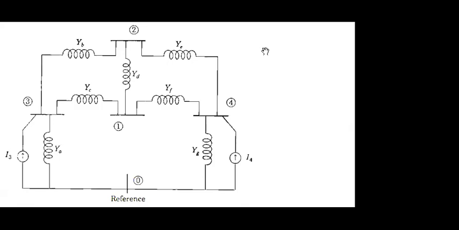Try to rearrange the equations in terms of voltage. After writing the nodal equations for all 4 different nodes, first of all write the 4 different node equations. Node 2, okay, fine.